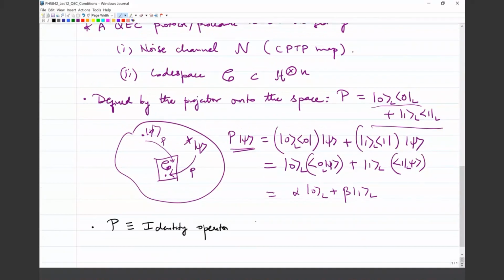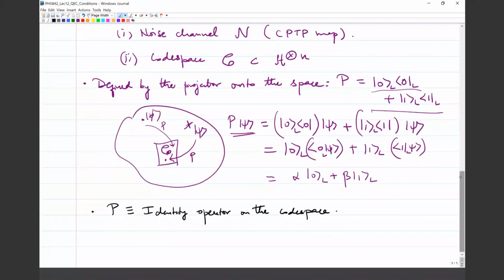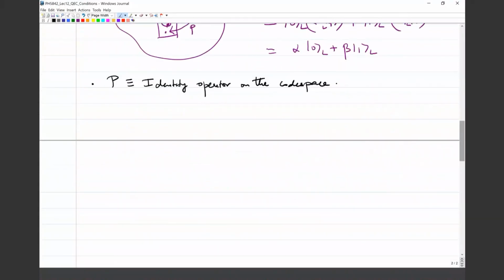Why? Because if the state is already inside the code space, then it does nothing to the state, right? So if there is a state, let me call it some psi tilde, which belongs to the code space, then such a state can already be written as A0L plus B1L.